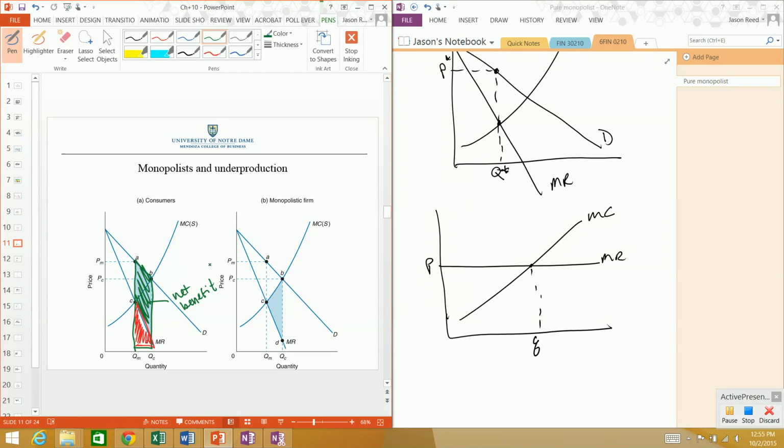Now let's look at panel B, and this is from the monopolist. In order to expand production, the monopolist will incur additional production costs, and those are going to be equal to the area of QM, C, B, and QC.